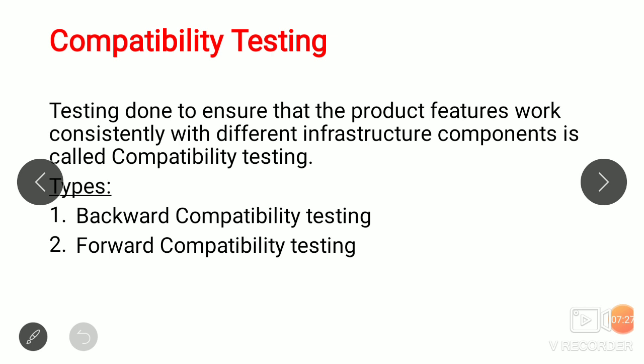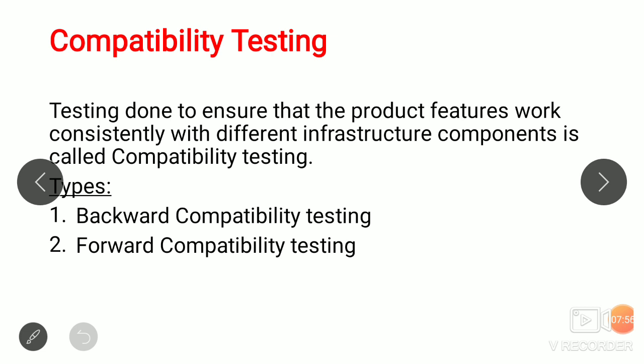Then the operating system, whether it is the Windows operating system, Linux operating system, DOS operating system, like this. Next, backend components. Backend components means the database servers such as Oracle, Sybase, and so on. Next is any software used to generate the product binaries, whether you are using a compiler, linker, interpreter, assembler, like this.